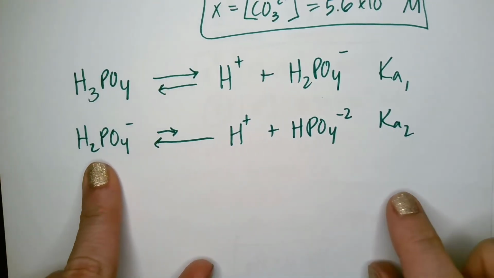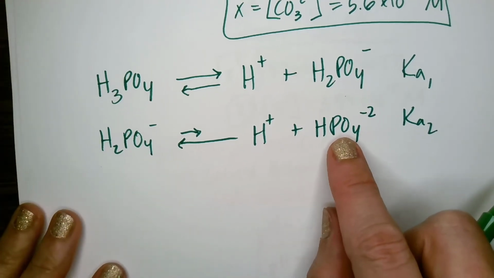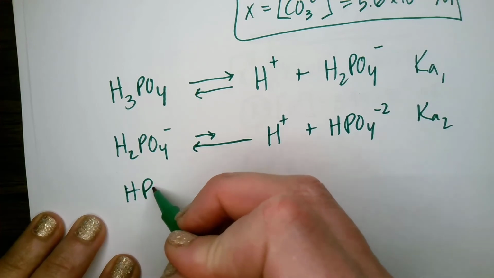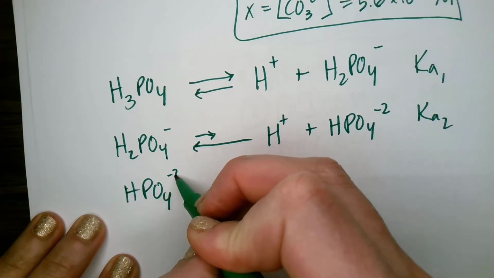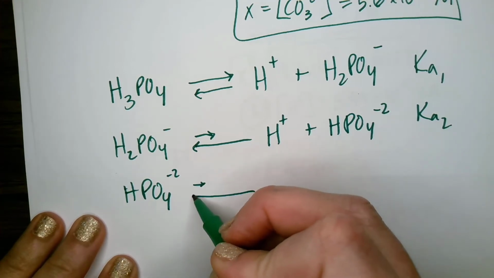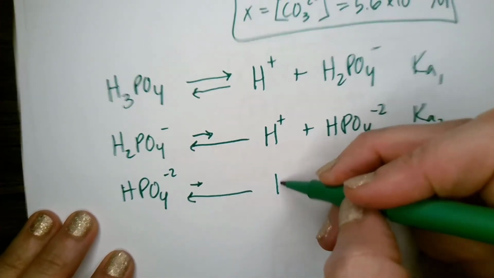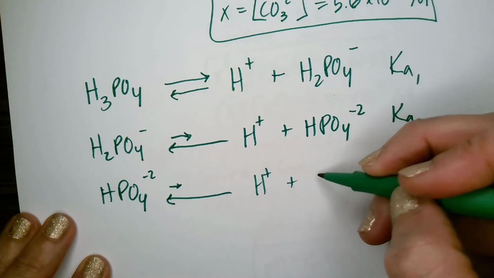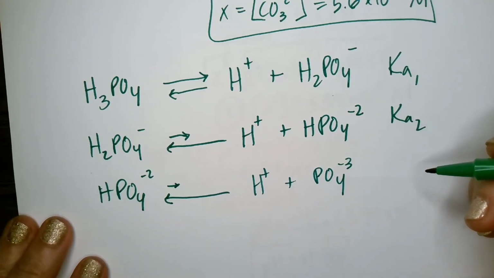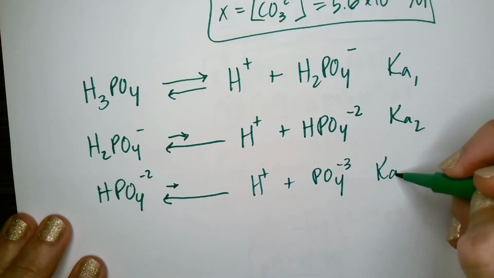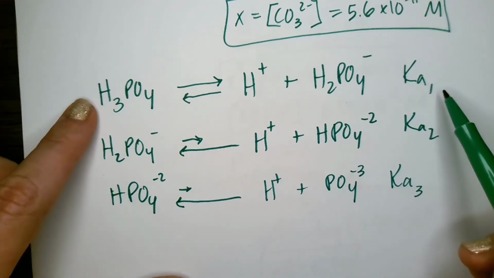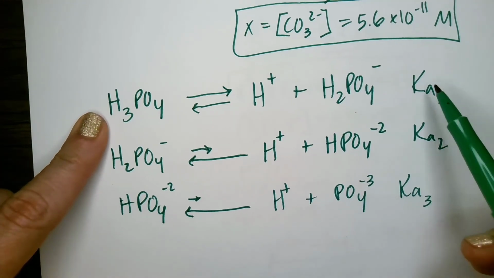And instead of just minus, I took off an extra one, so it'd be 2 minus, and this would be my Ka2. And if you go one step further, this conjugate base can then become my acid. I could start with HPO4 2 minus, and then a little arrow and a much larger arrow going left. And I would have my H plus and a PO4 3 minus. And that would be my Ka3.